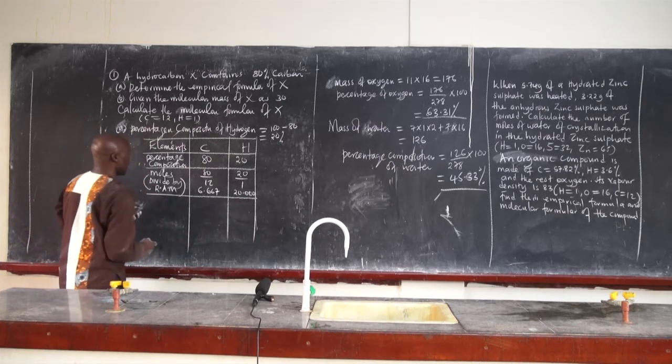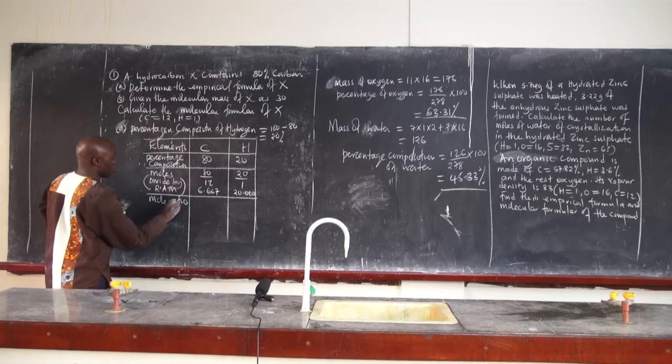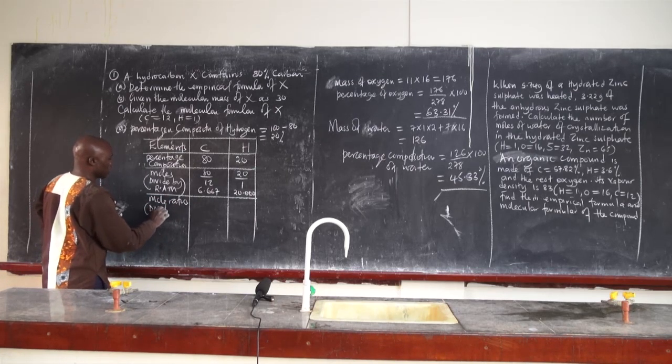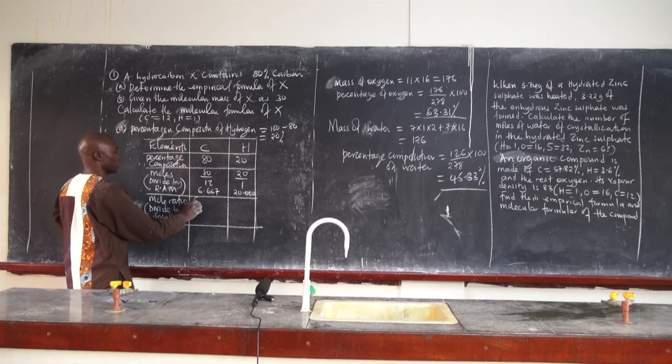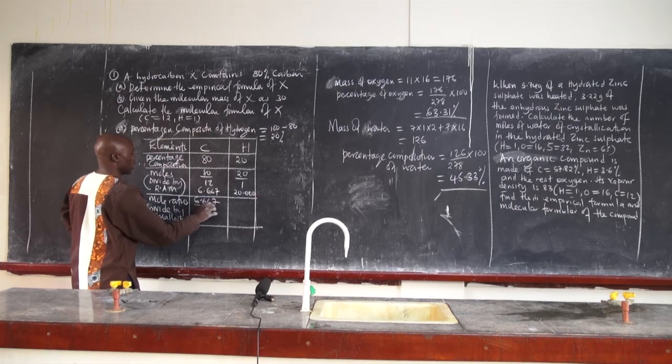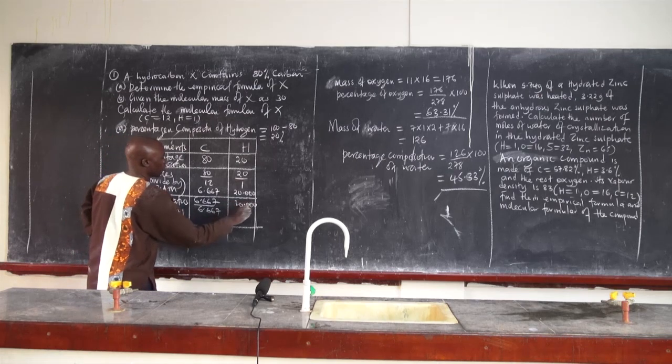Now by doing so, the next step we get is what we call the mole ratio. For the mole ratio we divide by the smallest. Our smallest is 6.67, so 6.67 divided by 6.67, and 20.00 divided by 6.67.